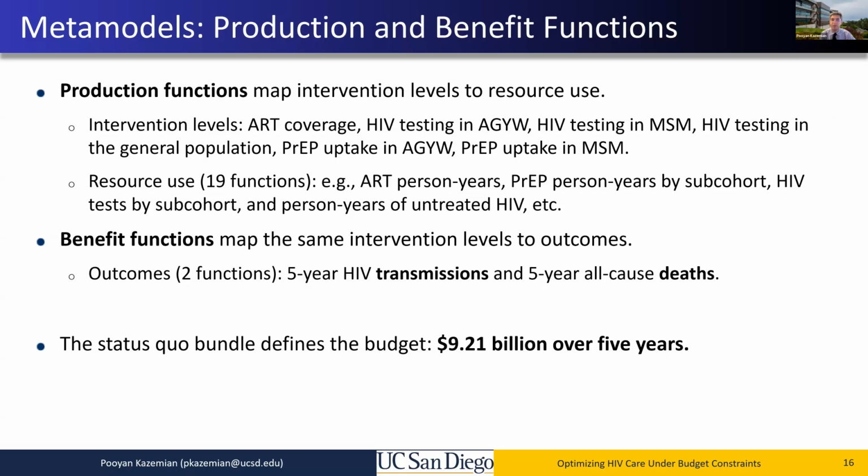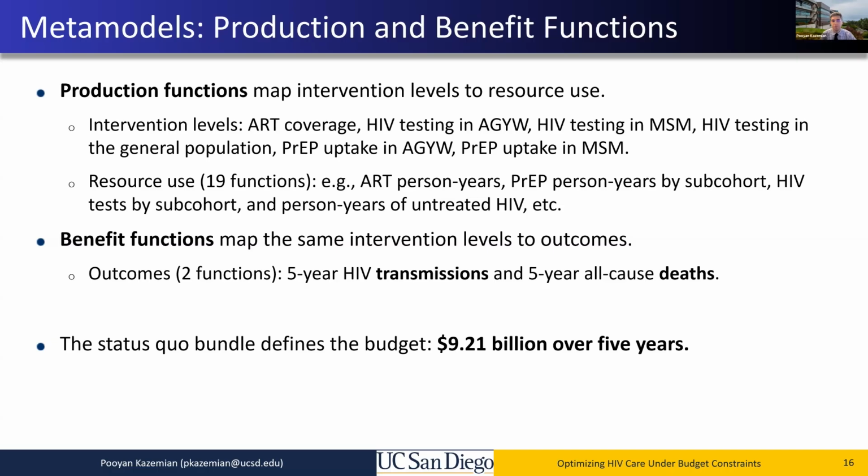And then we developed 19 different production functions for resource use. Those include things like the total person years of ART and PrEP by sub-cohort, HIV tests by sub-cohort, person years of untreated HIV, and so on and so forth. So we had a total of 19 production functions to map these intervention levels to resource use.